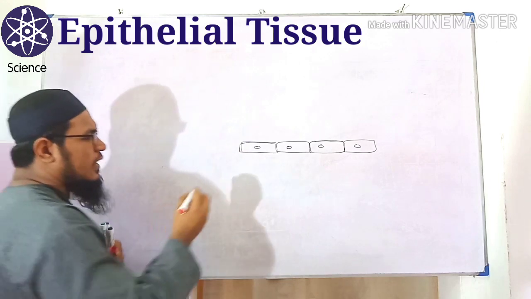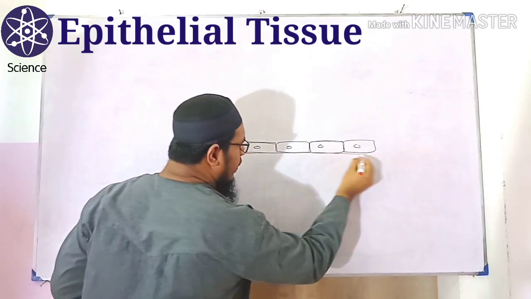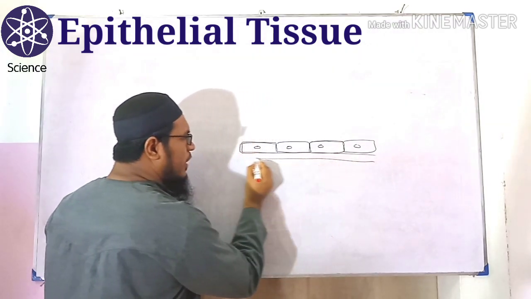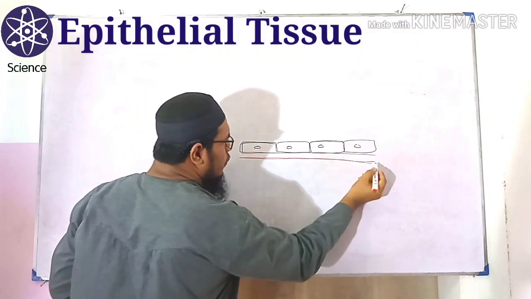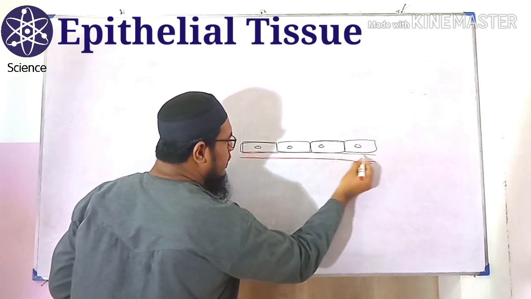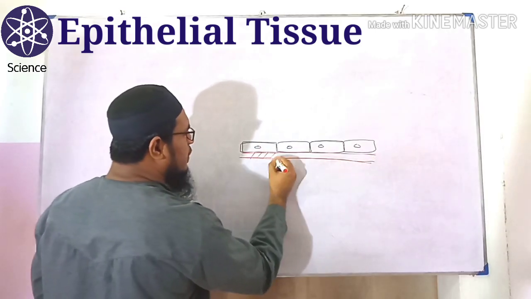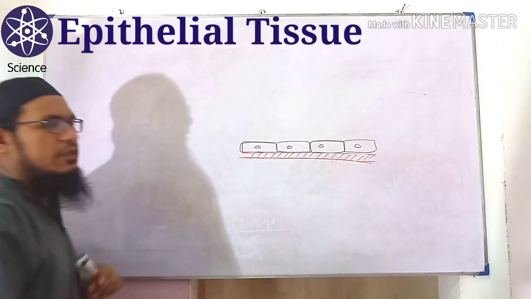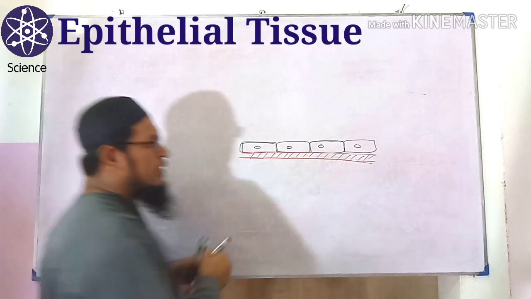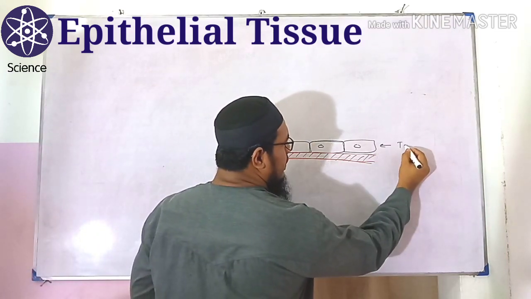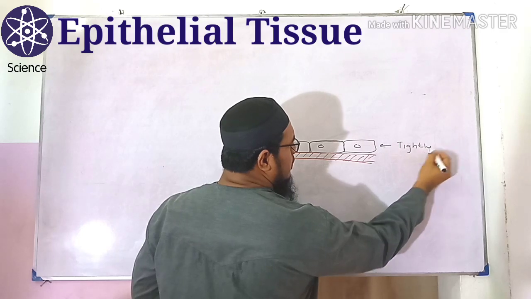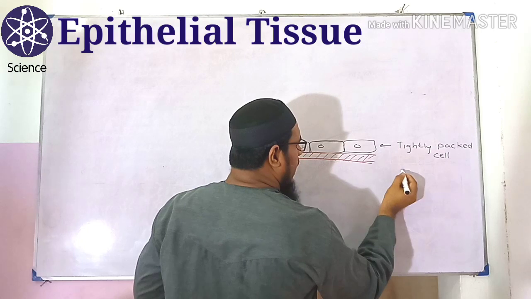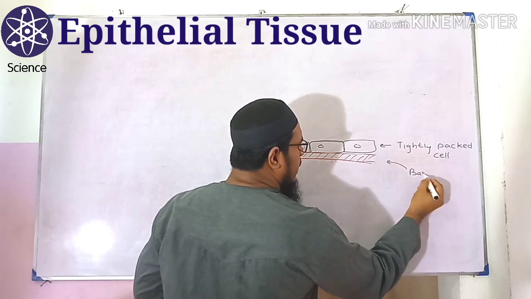And the second feature is that they always lie on a basement membrane. It is the only tissue which lies on a basement membrane. So this basement membrane is very important. It is a unique feature of epithelial tissue. These are the tightly packed cells, and this is the basement membrane.